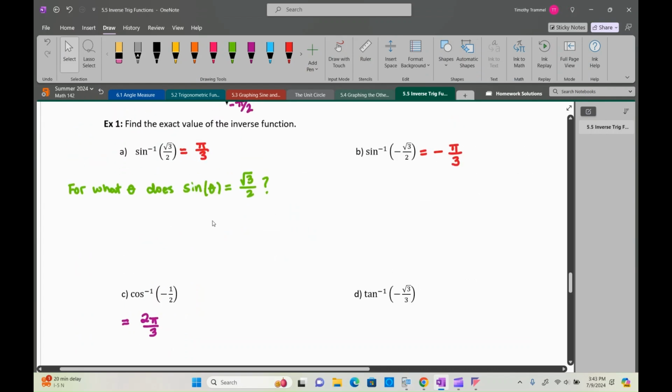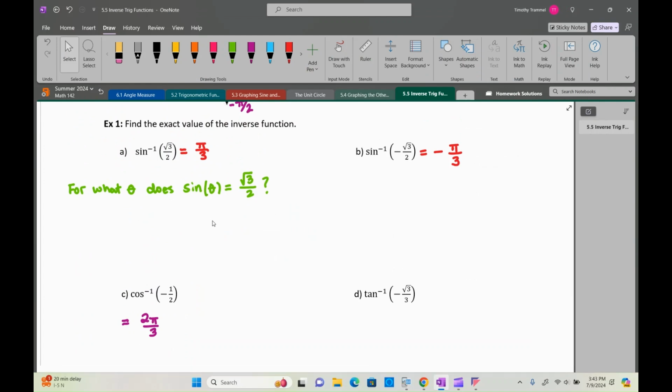Now, tangent is a little bit more challenging. For one, we're still going to have to keep in mind that we're looking for angles between minus pi over 2 and pi over 2. But the unfortunate part is we need to find a ratio of minus root 3 over 3 on the unit circle.